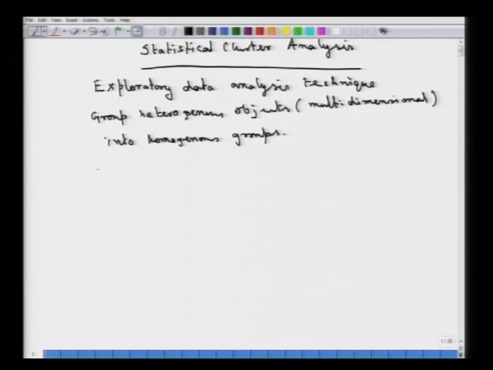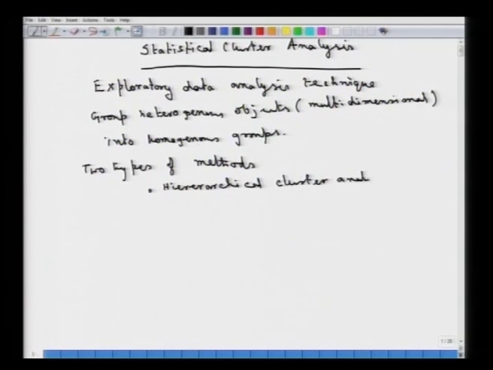Now, broadly speaking, there are two types of such methods. The first one is what we call the hierarchical cluster analysis technique, and the second one is non-hierarchical cluster analysis.